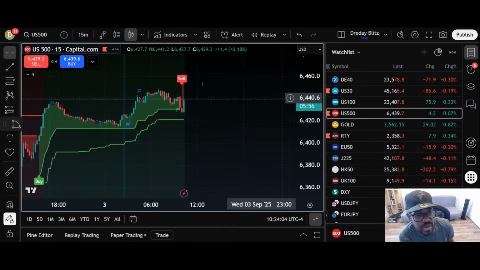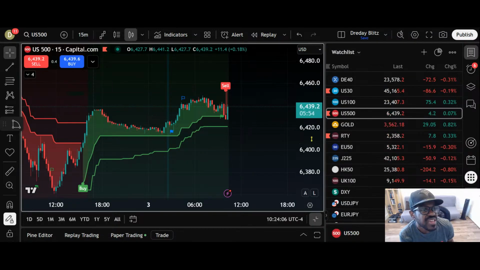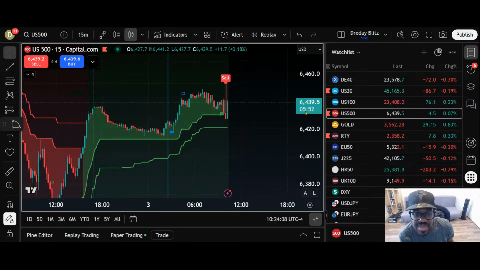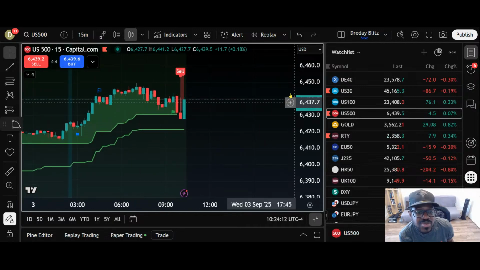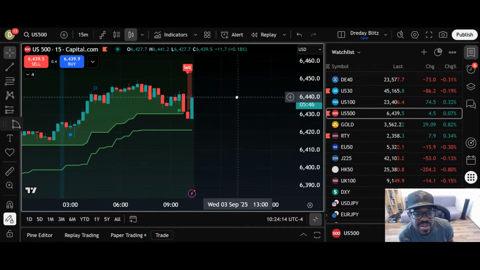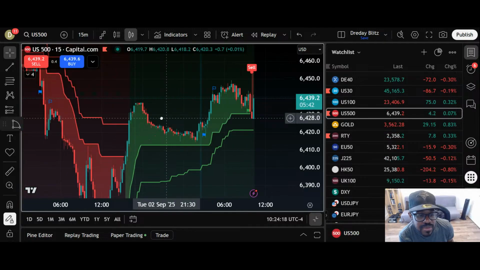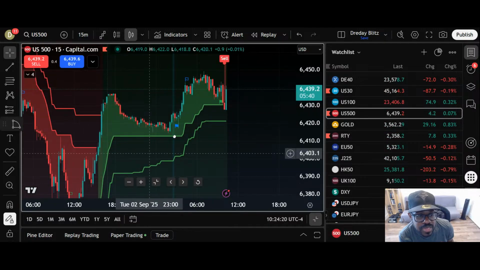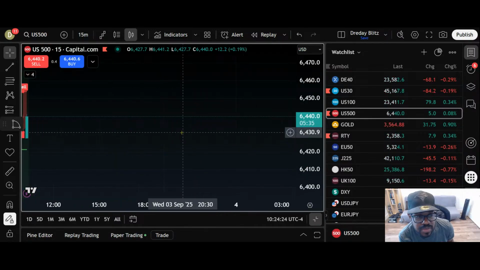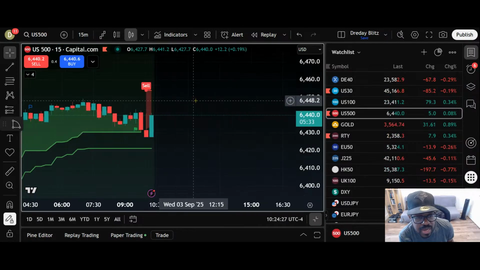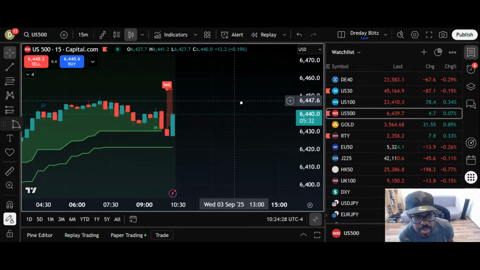All right, so right now, S&P 500 here on the 15 is looking at a bearish movement. So it's at sell right now. It may start to reverse to a buy. We're on a buy here since way back down here. Sometimes it's going to give you a small sell trend and then start to reverse to a buy trend.